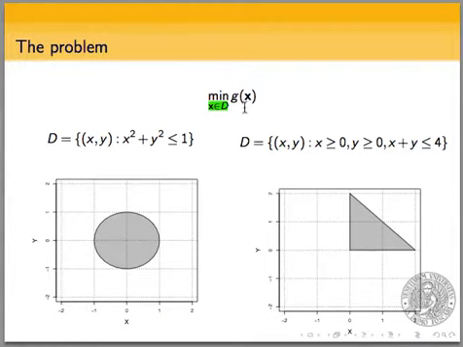So this is a very simple and clean notation, but let me provide a couple of concrete examples of the set D. For example, I may wish to minimize a function on the points such that x squared plus y squared is smaller or equal than 1. You may know that this is indeed the set of points inside the unit circle, which is depicted here in green.